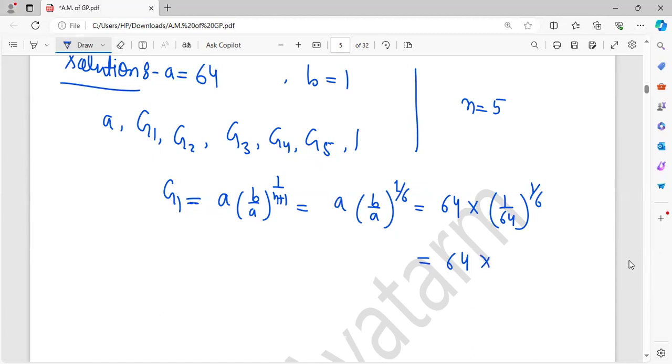So what is this? 64 is 4 into 4 into 4, so 1 upon 2. So this is 32. So G1 is 32.